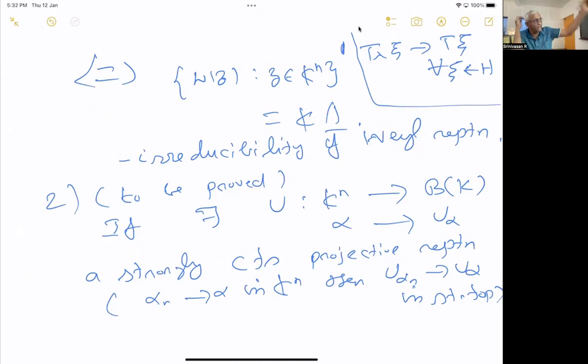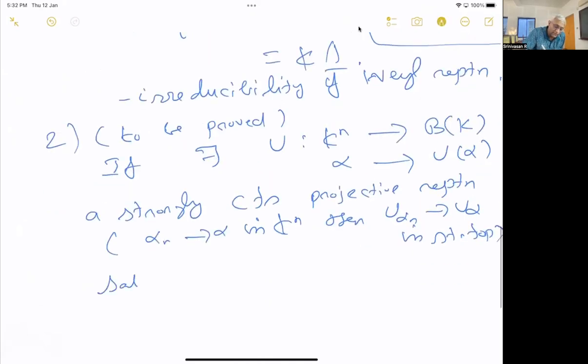I am saying you have another unitary representation, another Weyl representation, another representation satisfying this commutation relation, then it is unitarily equivalent to that. That's what I'm going to say. So there exists a function, alpha going to u alpha, which is a strongly continuous projective representation satisfying the same Weyl commutation relation.